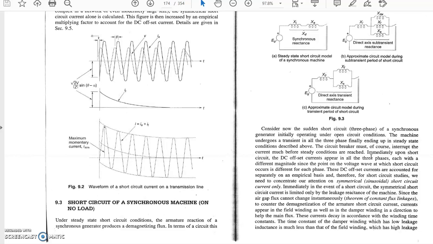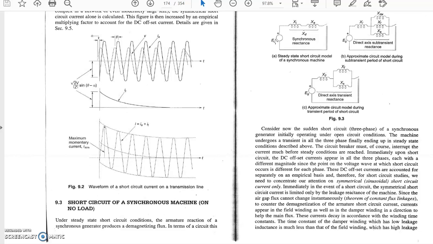This is the diagram of a synchronous machine, the steady state short circuit model. Under steady state short circuit condition, as you have already studied in the subject of machines, the armature reaction of a synchronous generator produces a demagnetizing flux.